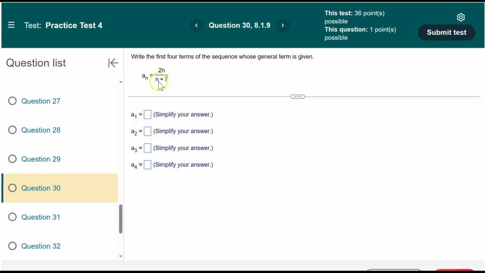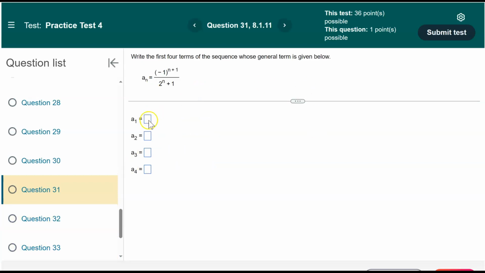Here, evaluate this at n equals 2. For a sub 3, evaluate the expression here when n is 3. And for a sub 4, the fourth term, that is when n is equal to 4. And here it's the same thing.